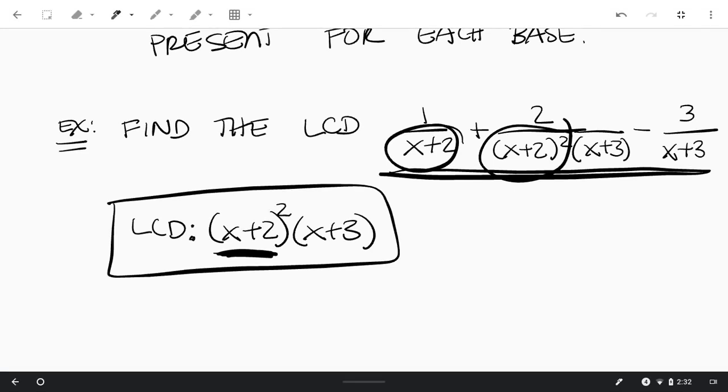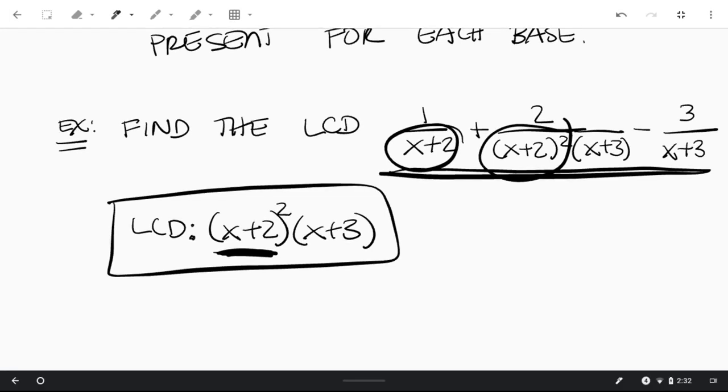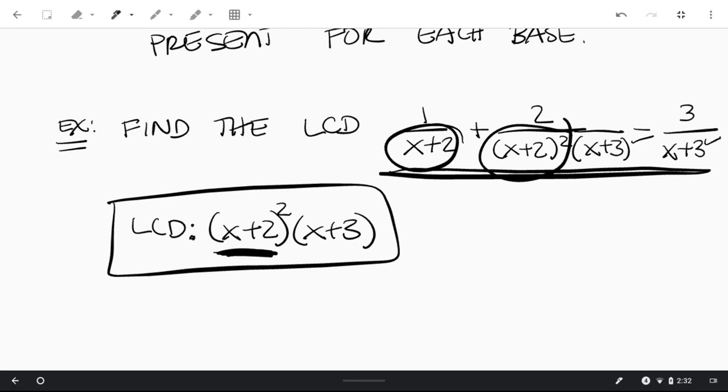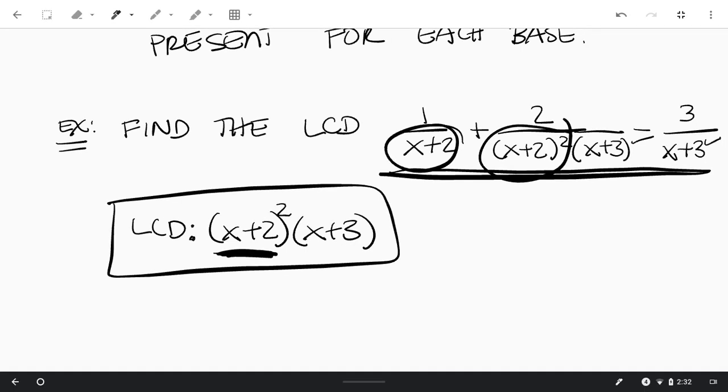Okay, you take the one that has the higher exponent. Just because you see 2 of these here, x plus 3 and x plus 3, doesn't mean that you're going to use an exponent of 2. If you don't see an exponent of 2 on the base x plus 3, then it will not have an exponent of 2. Okay?